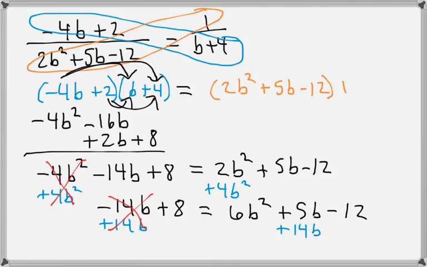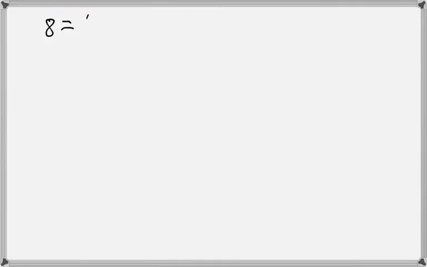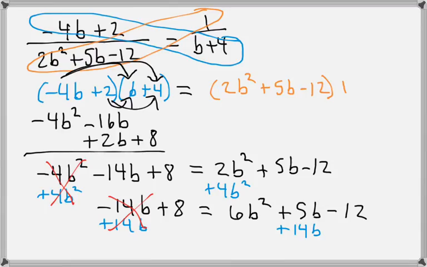equals, and then on the right we have a 6b squared plus the 19b and minus, where were we at? Let me flip back over, minus the 12.